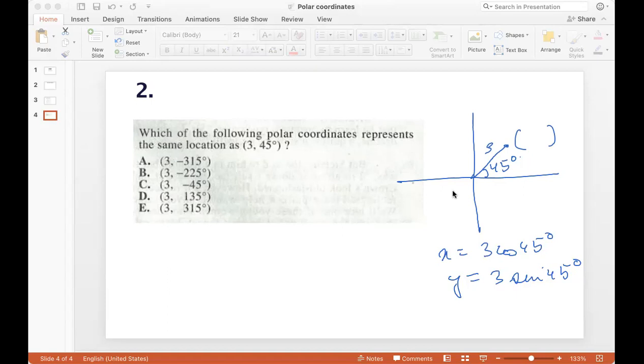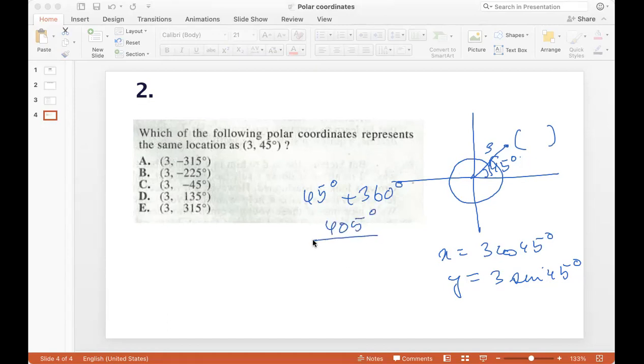Now, when will this point happen again? If I start and I come back to this line, which is to say that if I go all the way around and come back to this line by adding 360 degrees to 45, that would be 405.